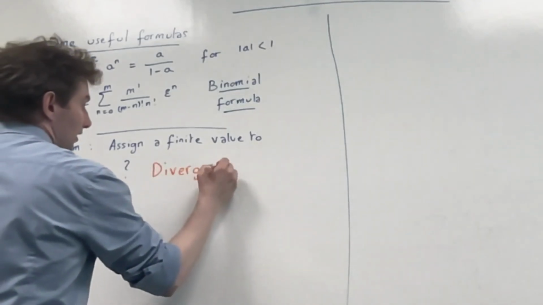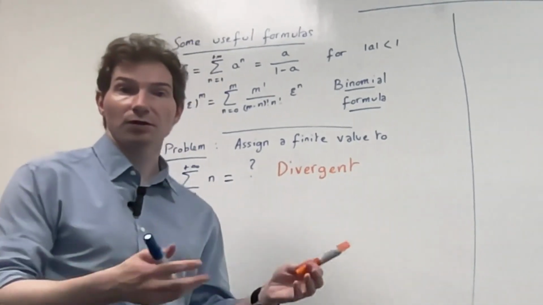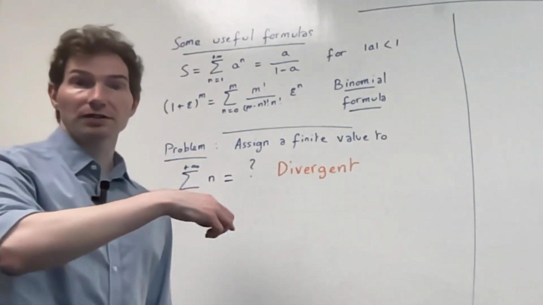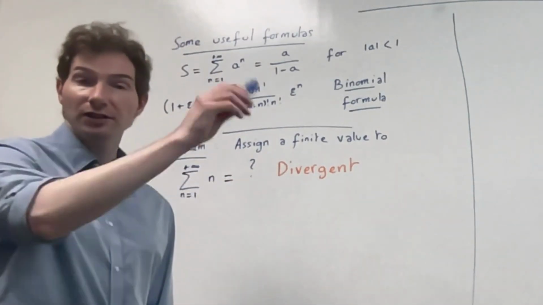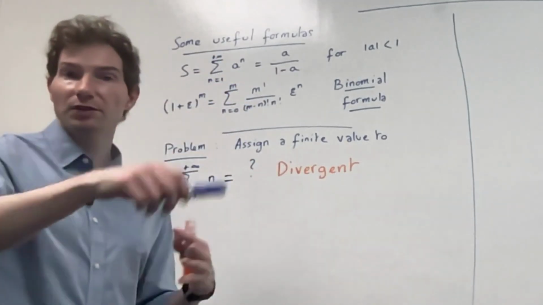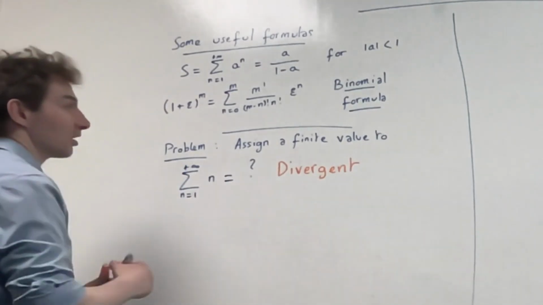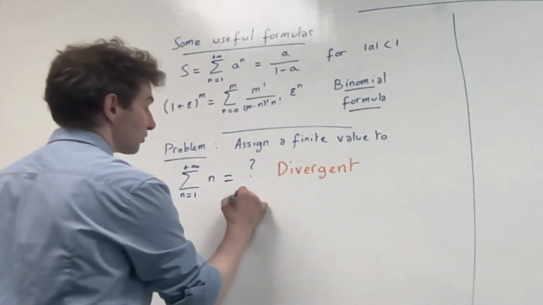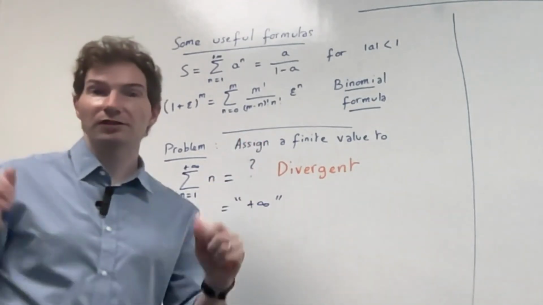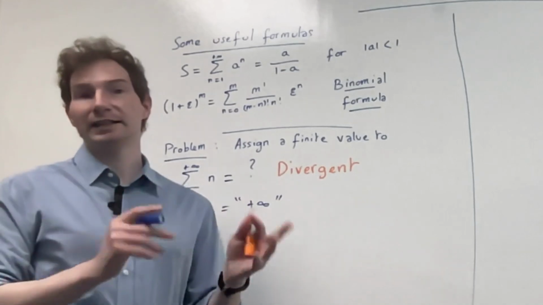Another way of putting it, because there are multiple ways for a series to diverge: it diverges if it's oscillating between minus 1 and plus 1, for example, or minus 2 and plus 2. Something oscillating is not convergent, so it's divergent. But here, the result is equal to plus infinity. If there is any limit you can assume for it, the limit is going to be plus infinity. So it's divergent in that sense.